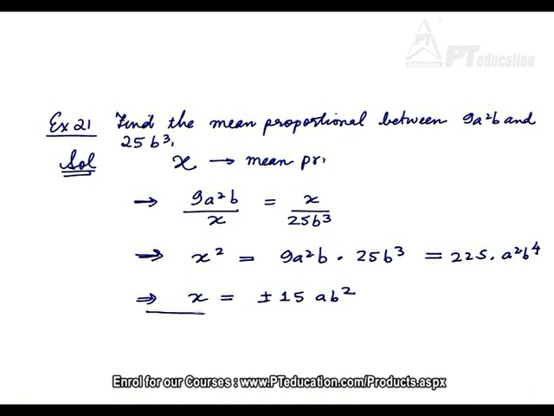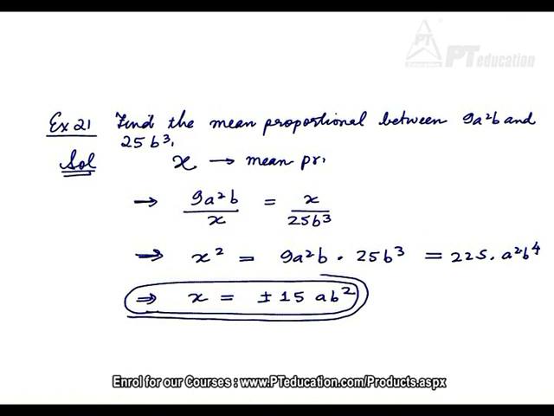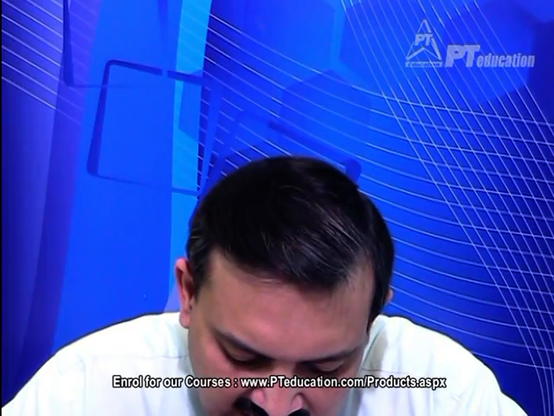Please remember that when you take the square root of 225, it will be plus minus 15, and hence our final answer is plus minus 15 ab square. I hope this simple example is very clear to everyone.